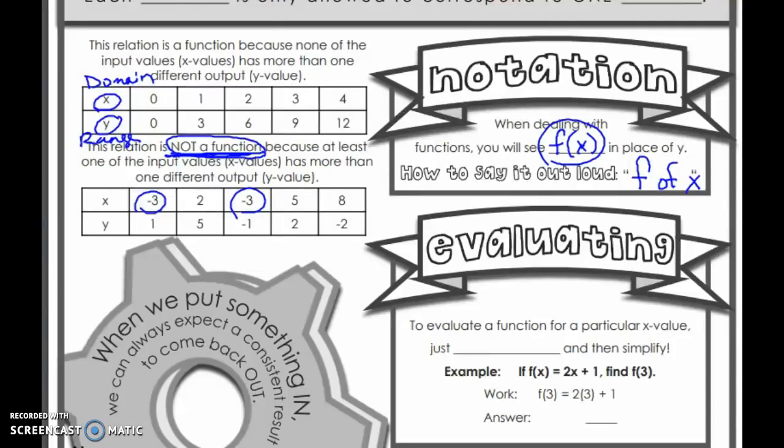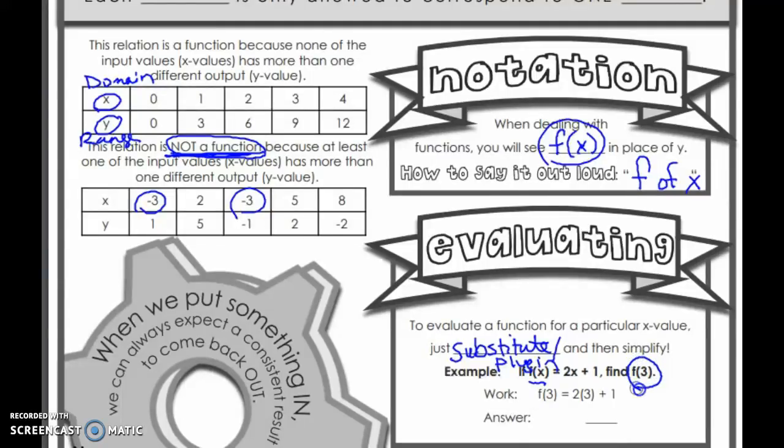When you evaluate a function for a particular X value, you just substitute. Or sometimes we say plug in. Oh gosh, I hope you can read my writing. It says plug in, and then simplify. Here's our example. F of X equals 2x plus 1.